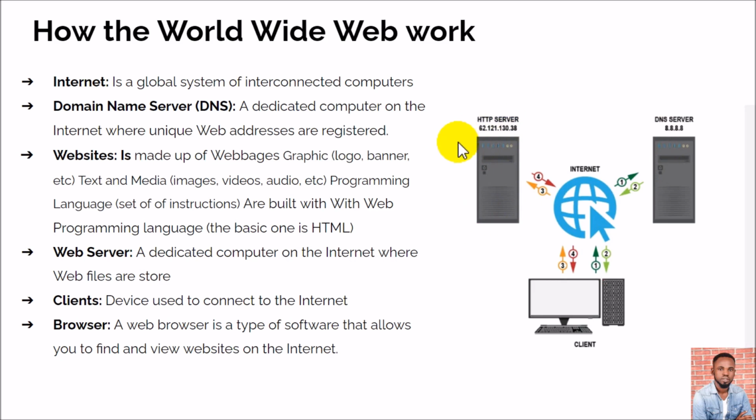Then the name server is going to retrieve the files on this web server where your web documents are stored. Then through the internet communication, with the HTTP, it is going to retrieve that file to your device which you are using to browse the internet. And this is it. You now have that view you have whenever you are accessing a platform.